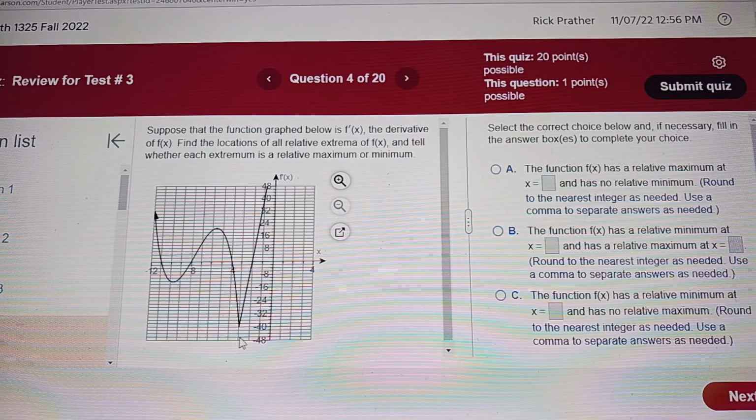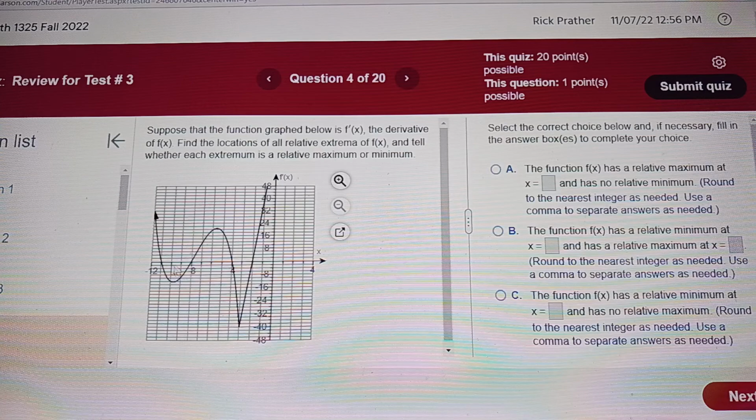Now, corner points in original graphs are places where the derivative doesn't exist, but this is not an original graph, so that corner point doesn't necessarily mean anything here. Plus the derivative is below the x-axis before the corner point, and it's still below the x-axis after it. So we're not having the derivative change from positive to negative or vice versa, so it can't be a relative max or min anyway.